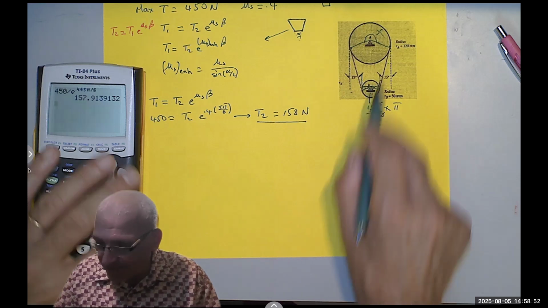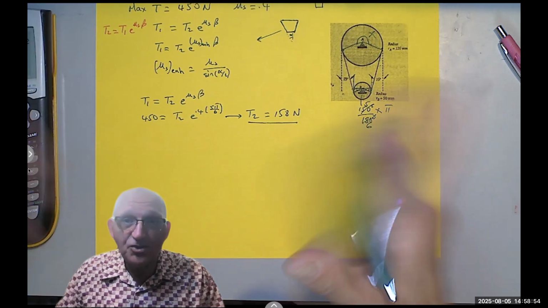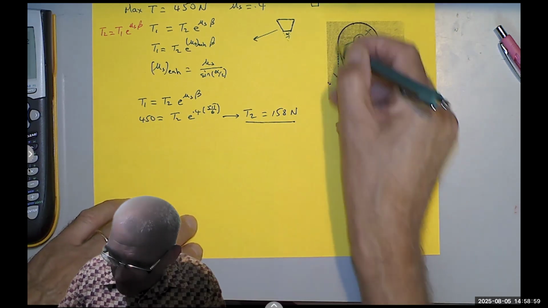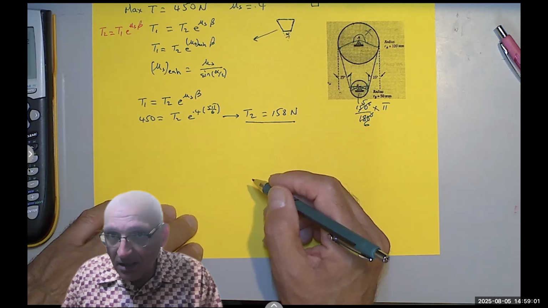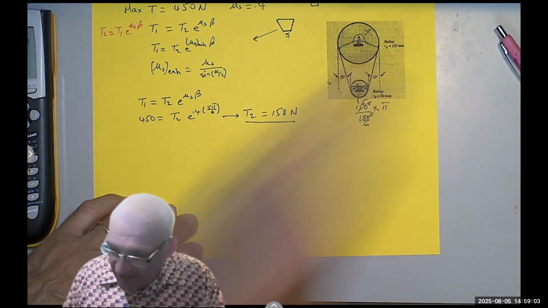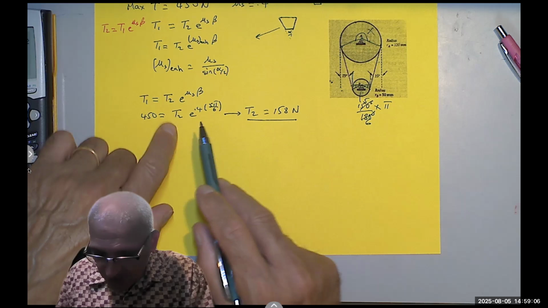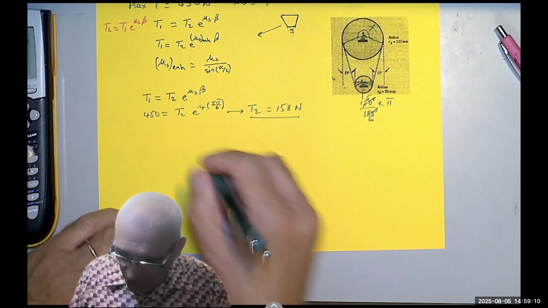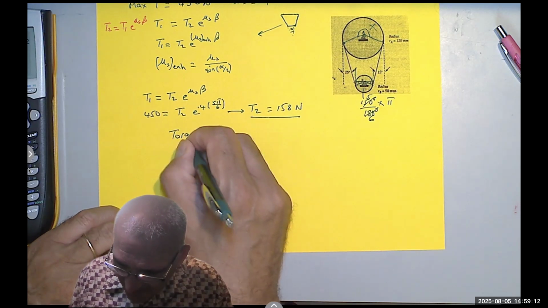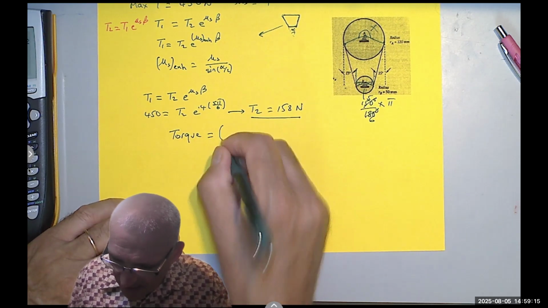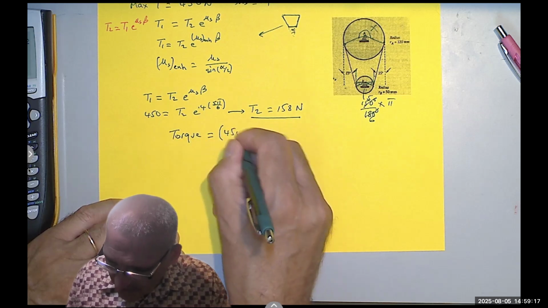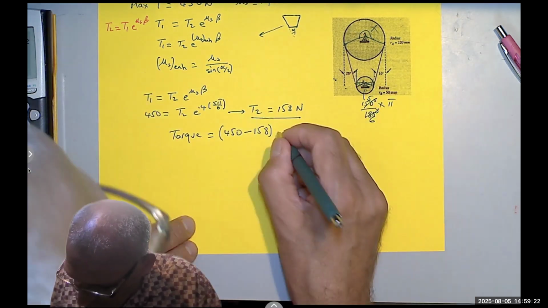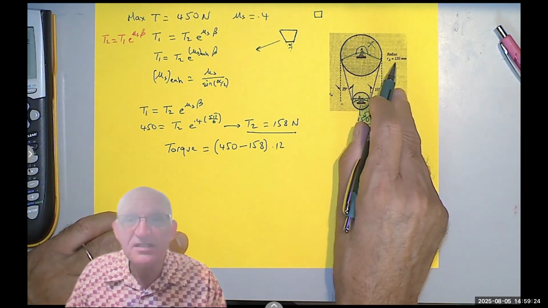So the bigger is 450. Doesn't matter which one because it can be rotating clockwise or counterclockwise. But when you go to the big pulley, the torque here is the bigger force times the radius minus the smaller force times the radius. So the maximum torque delivered would be, in this case, 450 minus 158 times the radius, which is 0.12 meter, because that's 120 millimeter.